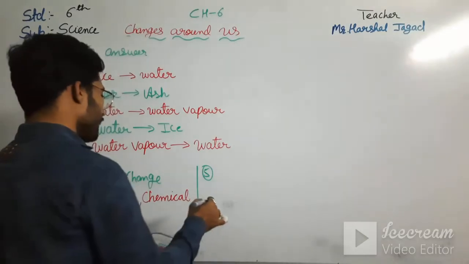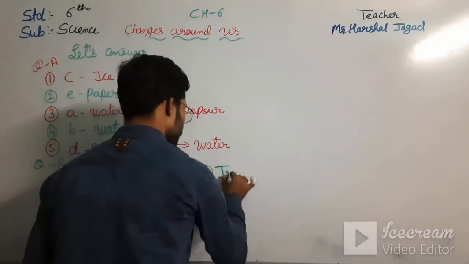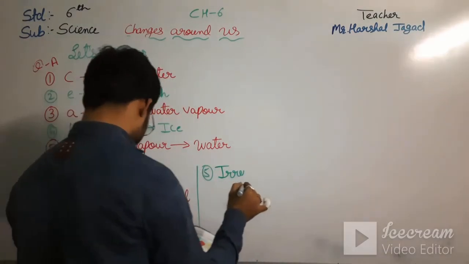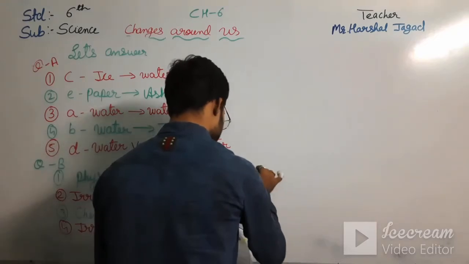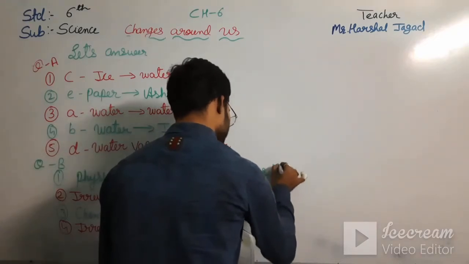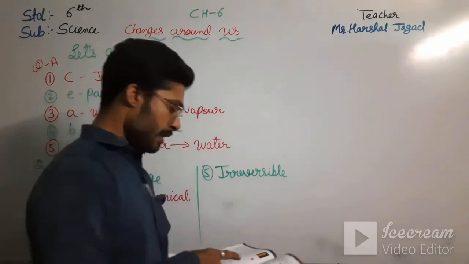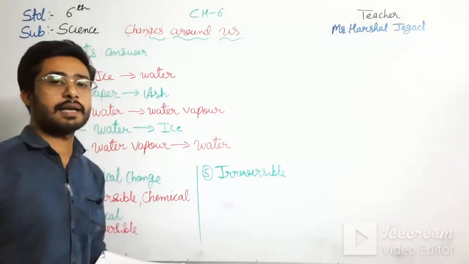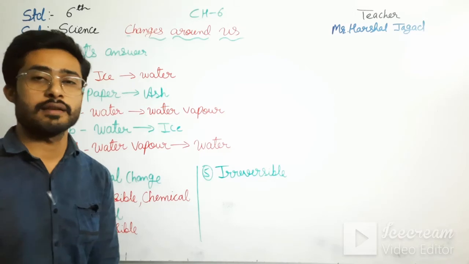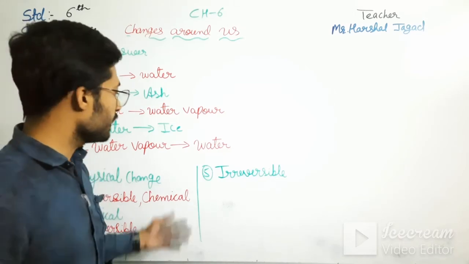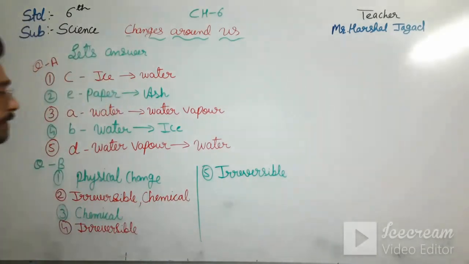That is also irreversible change. Okay. So here I have just given the answers of let's answer. Okay, students. So please note down the answers. I am giving you some time.